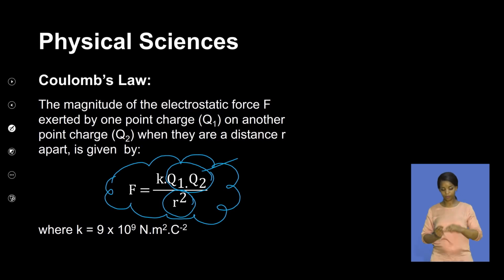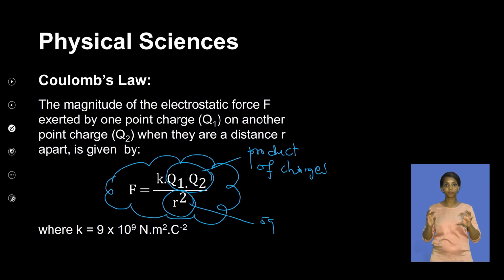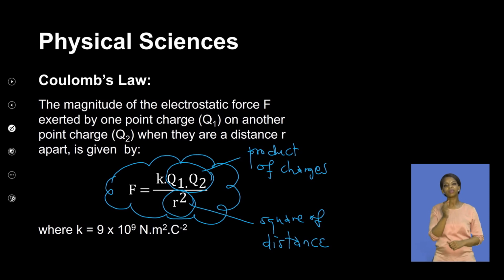This is the product of the two point charges concerned, and then the square of the distance between the two charges. This mathematically gives us Coulomb's law, whereby k is that constant, with units newton meter squared per coulomb squared.